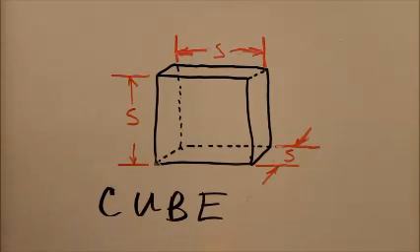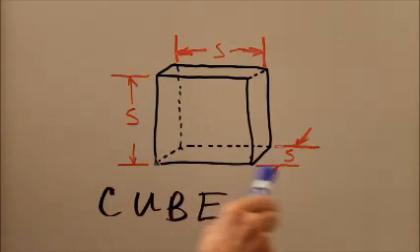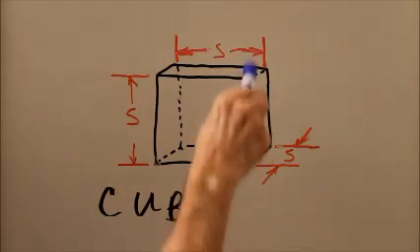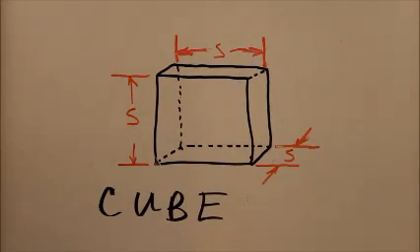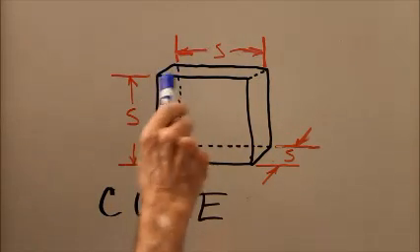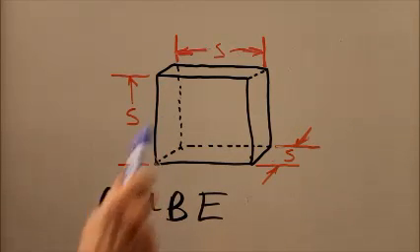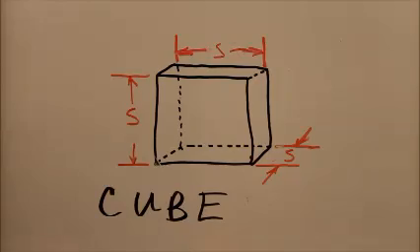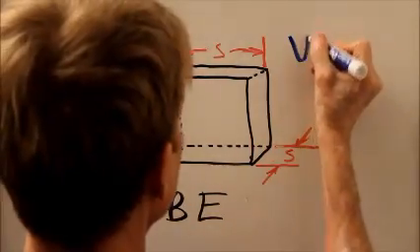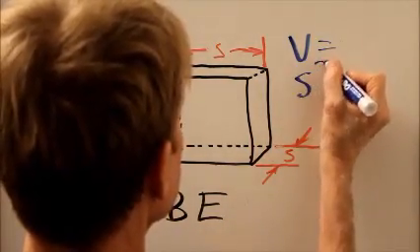Well, here's a cube. Each edge of the cube measures S units long, and every angle between every possible pair of edges is a right angle. That's what a cube is. The volume of this cube equals S cubed.